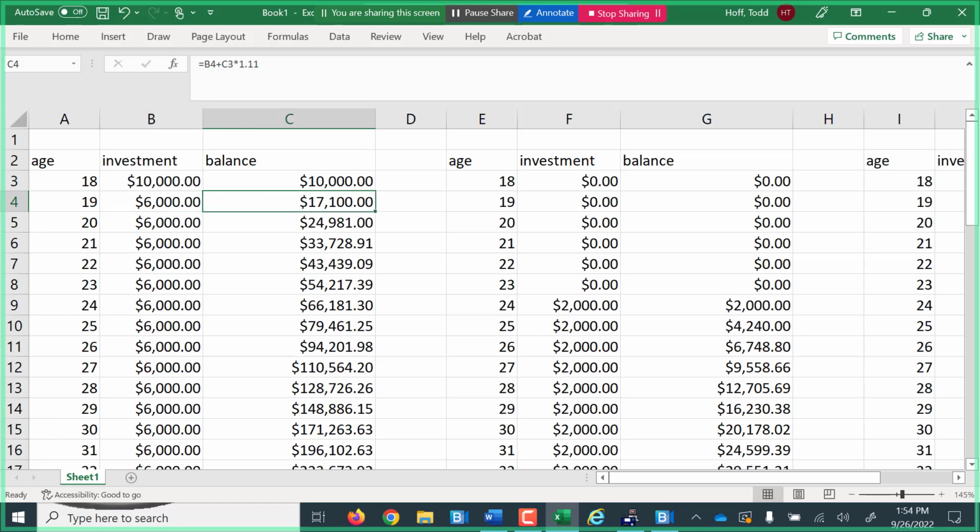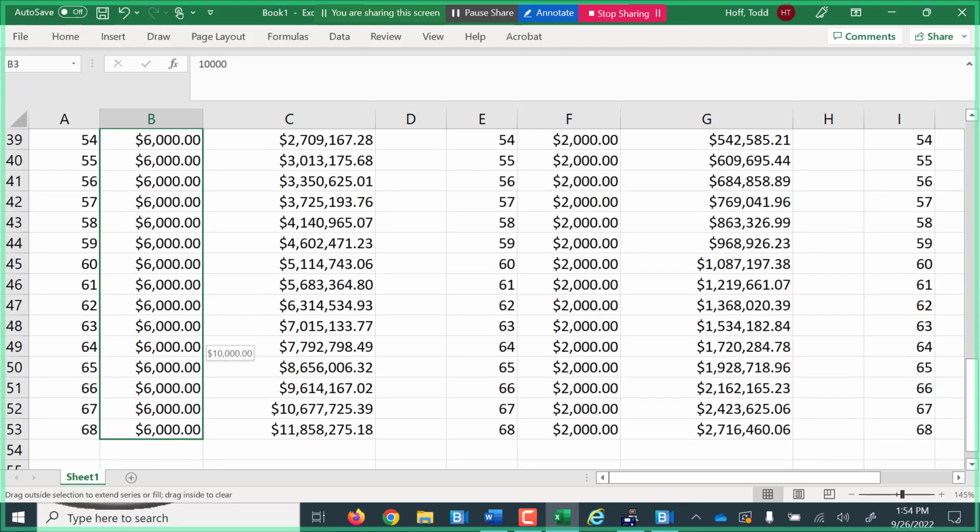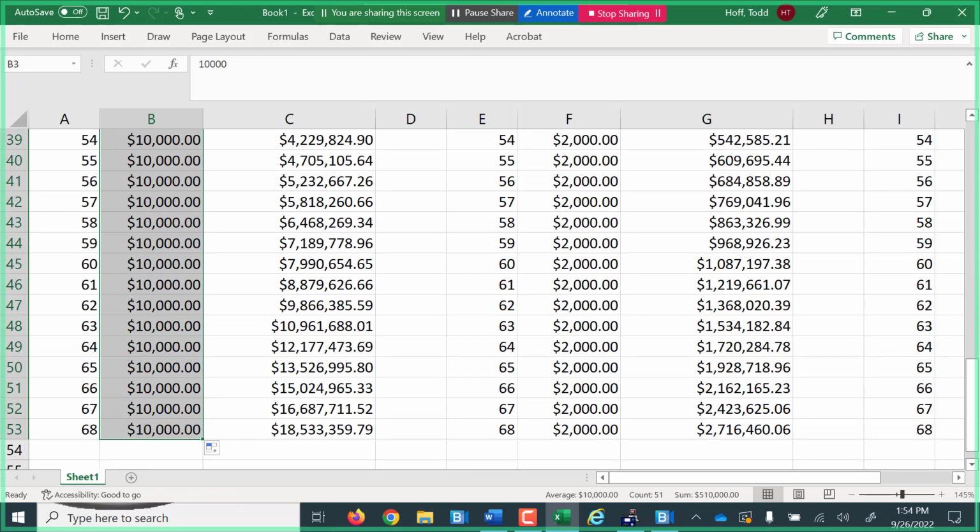What interest rate do you want? 11? Okay, so stay with the 11%. I would say somewhere around 16, 18 million. There you go.